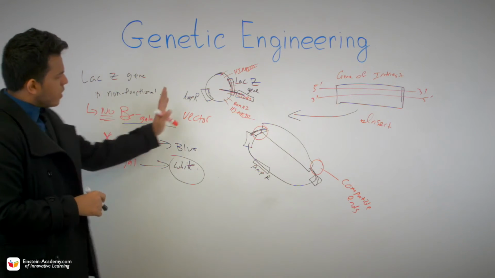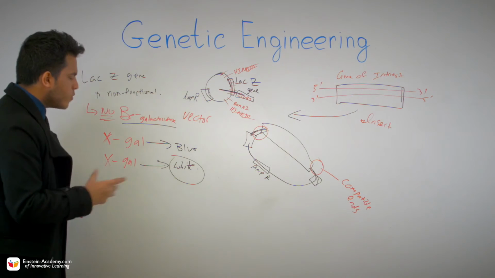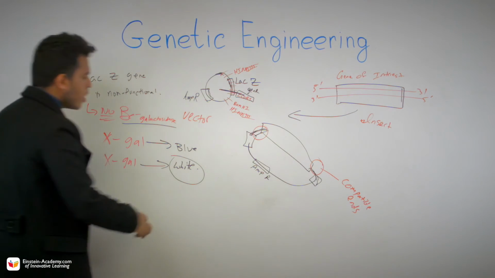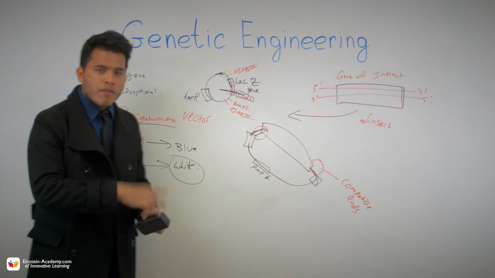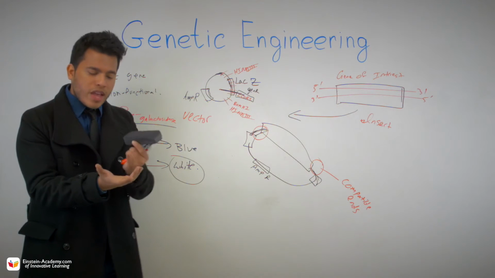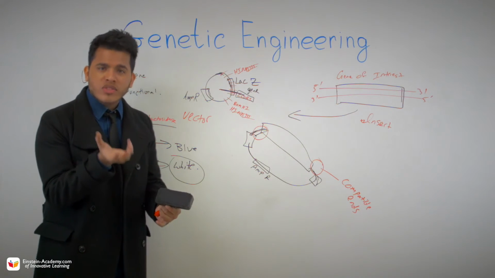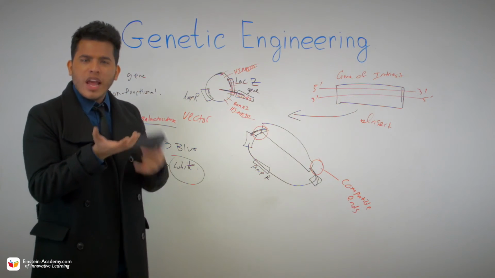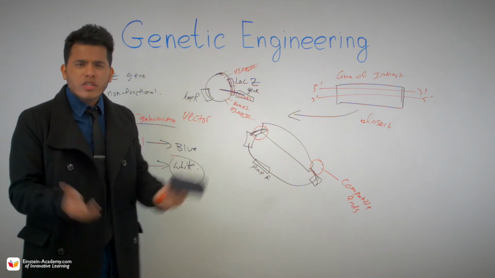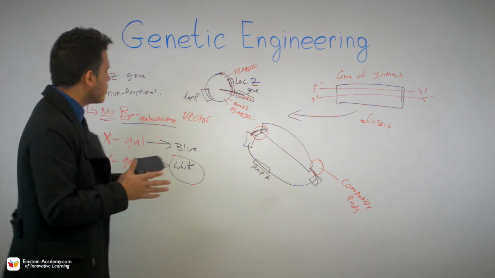What else? Let's talk about the AMPR, the ampicillin resistance. We have petri dishes with agar all over them, and agar serves as the nutrients. We're going to have these bacteria growing exponentially, making colonies and colonies.